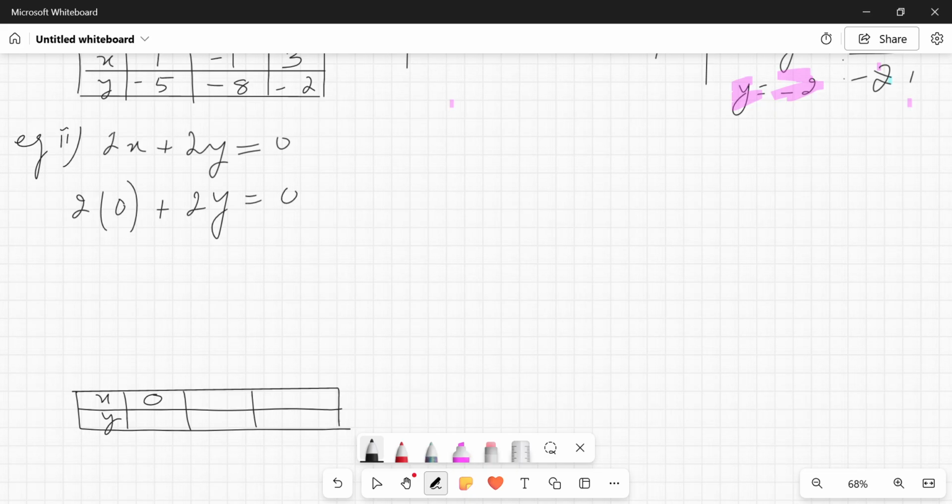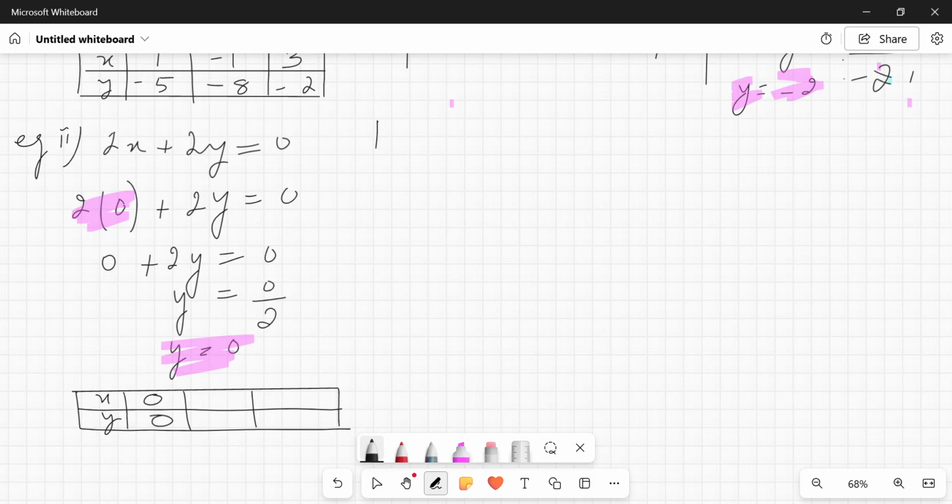So 2 zeros are of course 0 here, plus 2y equals 0. So y is equal to 0 over 2 because this is dividing. So y is equal to 0. When x is 0, y is also 0.